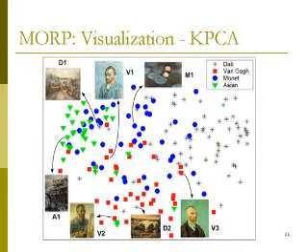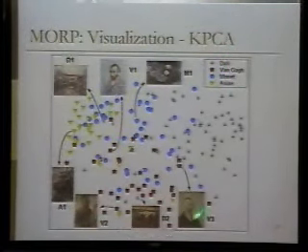What are you trying to specify on this page? For this one, we just want to visualize. We are showing this figure. This is a two-dimensional projection of kernel PCA. We projected the work of these four painters into a two-dimensional space in this way, and we show some images here.